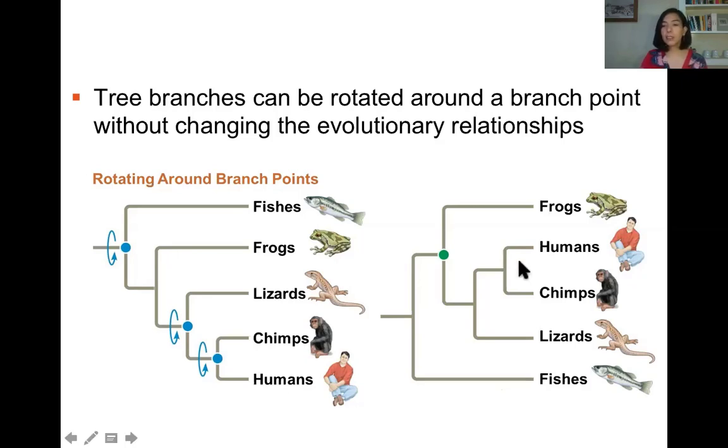That means that humans and chimps, as in our original phylogeny, are still sister groups. And lizards are going to be the sister group of this lineage that carries both humans and chimps, and so on. So this is important to consider.